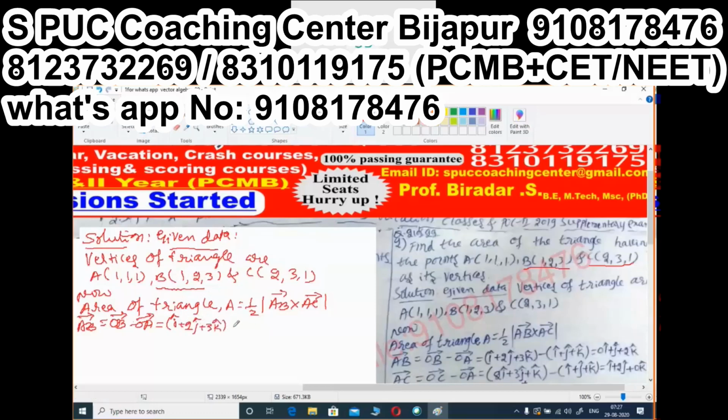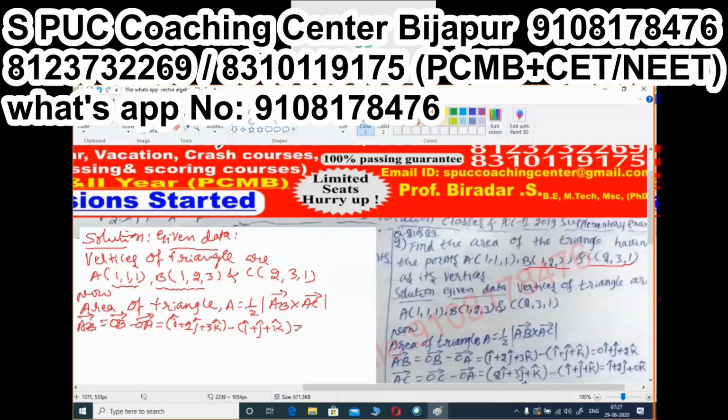Minus OA vector, that is I cap plus j cap plus k cap. So let us go ahead with AB as OB minus OA.